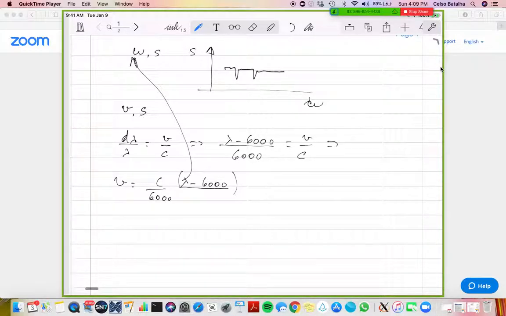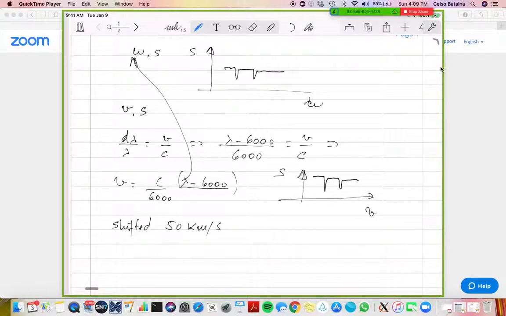Now, if you want to play around with some shifted spectra, I could create a new spectra, kind of a fake one, that is shifted 50 kilometers per second. So in velocity scale, we would have V and S. It would appear kind of the same spectra as I showed before.